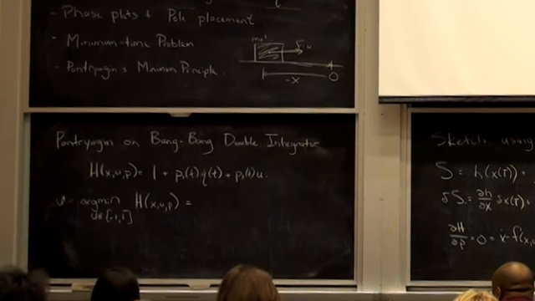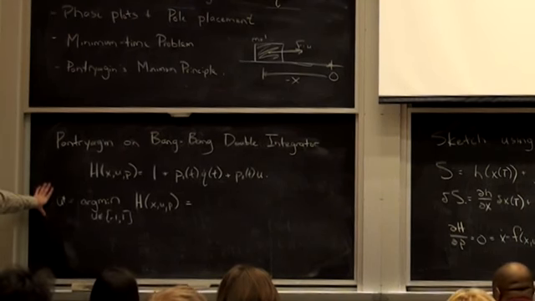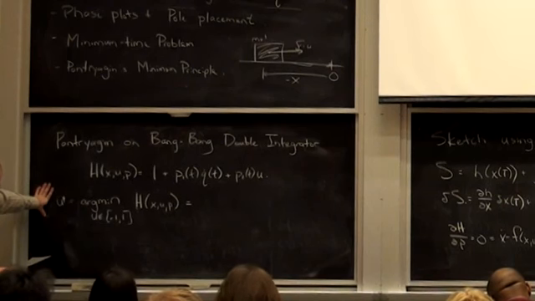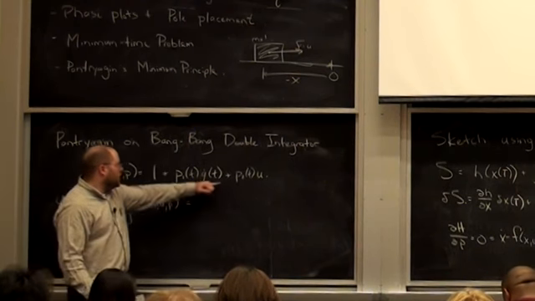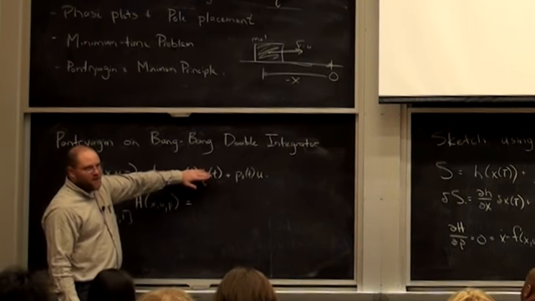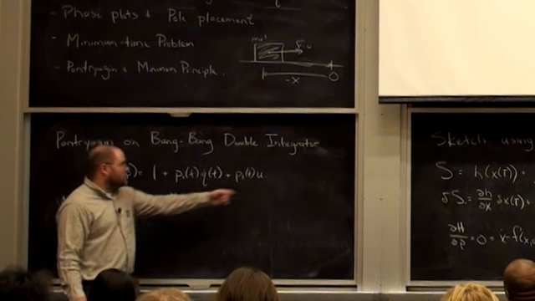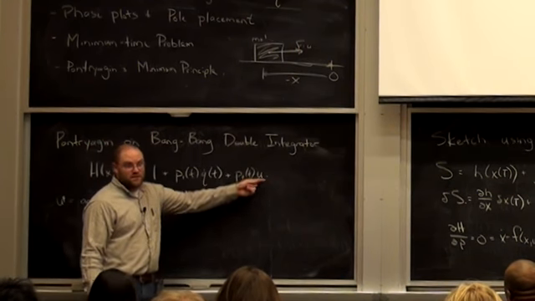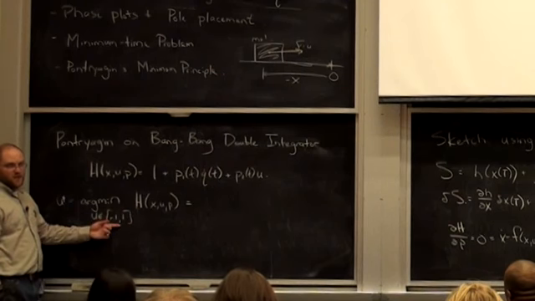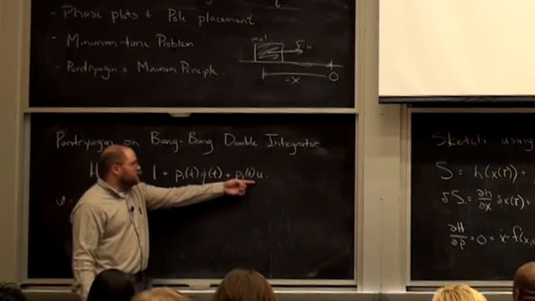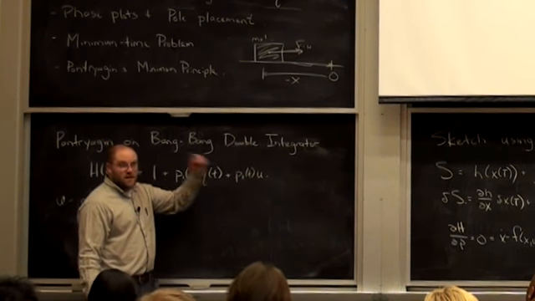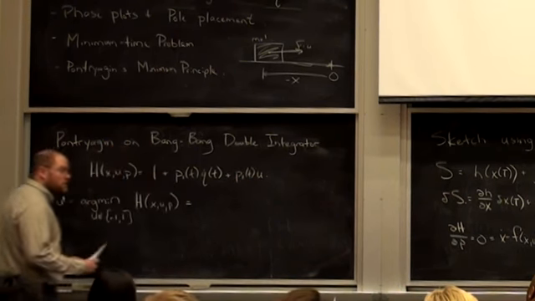This is a good time to make sure you get it. Yeah, good. These terms have no impact. If p2 is positive and I want to minimize this, then u better be as negative as possible, which means -1. And if p2 is negative, then u should be as positive as possible to minimize that.